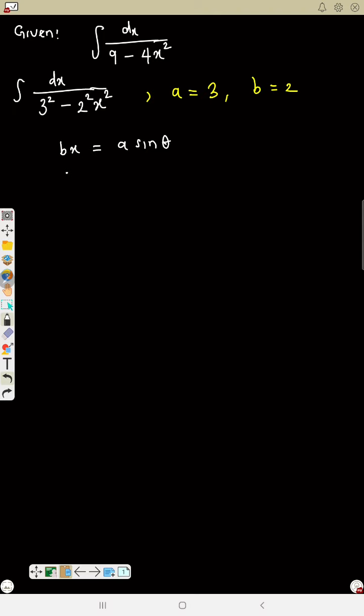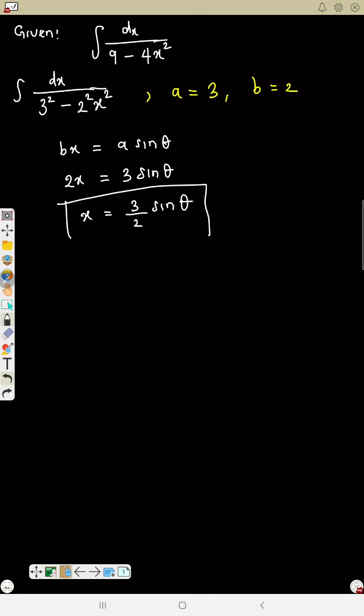Substituting, a is 3 and b is 2, so 2x equals 3 sine theta. That means x equals 3 over 2 sine theta. So this will be my trigonometric substitution, that's what I will use for my substitution.